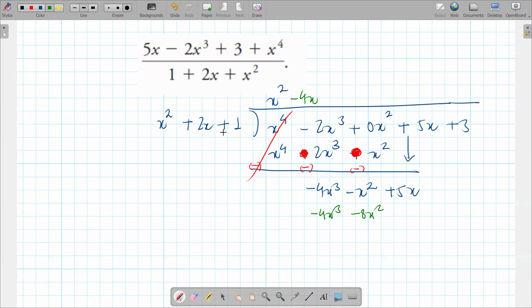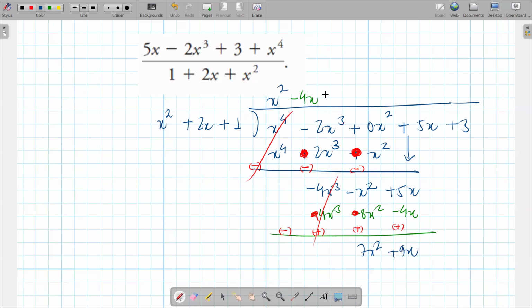And then negative 4x times positive 1 would be negative 4x. And again, you subtract them. When you subtract them, all the signs flip. So this becomes a plus, this cancels out, this becomes a plus, this also becomes a plus. So then we get negative x squared plus 8x squared is 7x squared, 5x plus 4x is 9x.